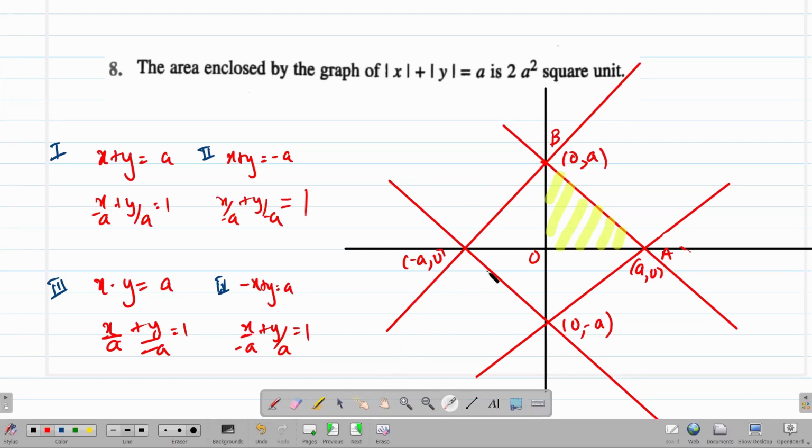And since we have to find the area of this whole quadrilateral, from the diagram we get that these 4 triangles are congruent, as this side is common.